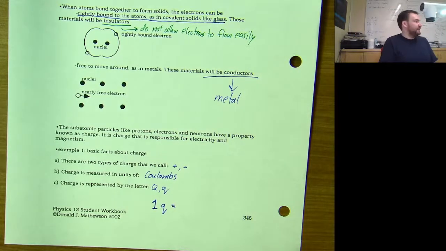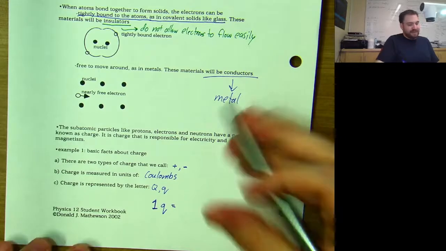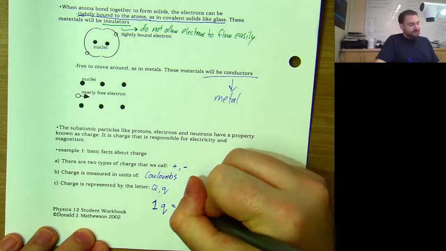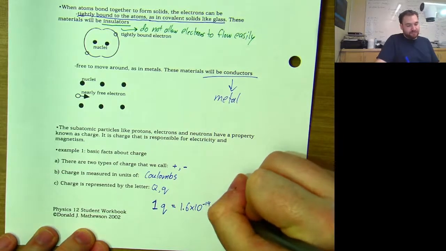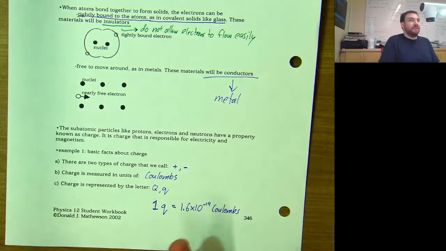Does anyone know what the number is? How many coulombs is present there? It's really tiny. 1.6 times 10 to the negative 19 coulombs. Very small. No, Q is the amount of charge.